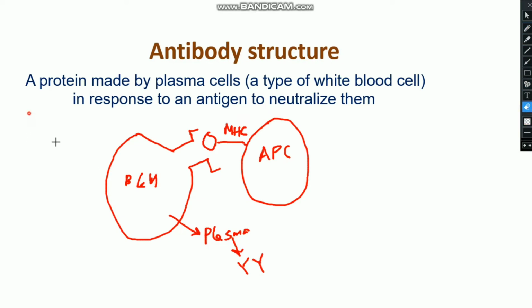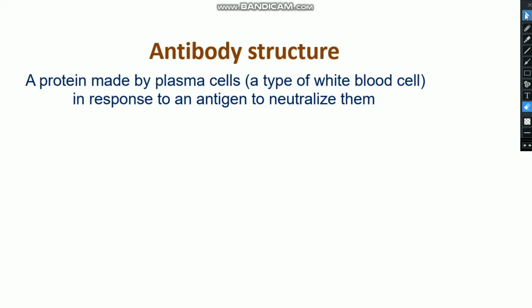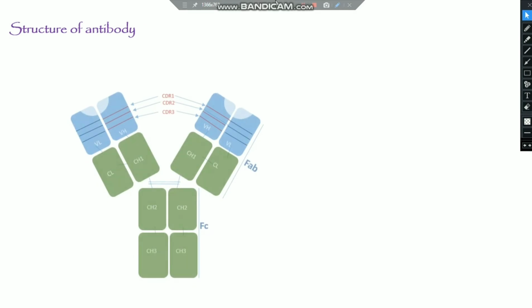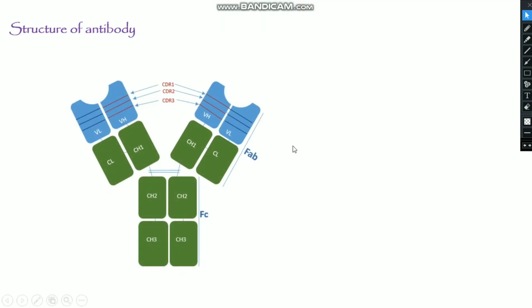So let me show you the structure of the antibody. Next is the antibody structure. As you see in the green color, these all represent the constant part. In the constant part there are different kinds of domains. Here is the heavy chain. In the heavy chain there are three different domains in the constant part: CH1, CH2 and CH3.